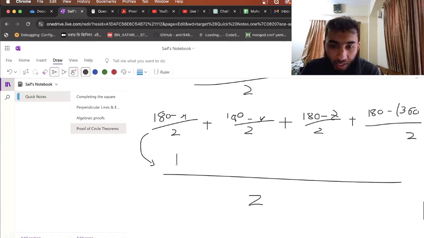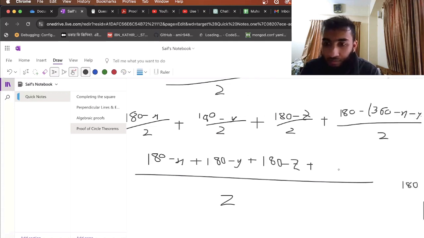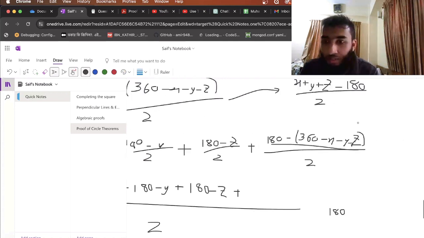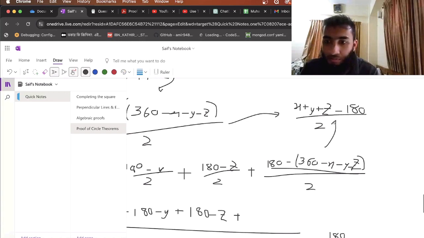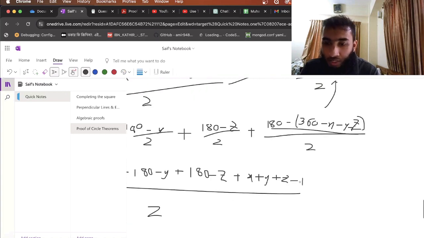It will be 180 minus x plus 180 minus y plus 180 minus z, plus this term, x plus y plus z minus 180.